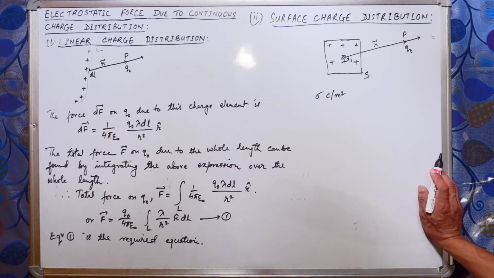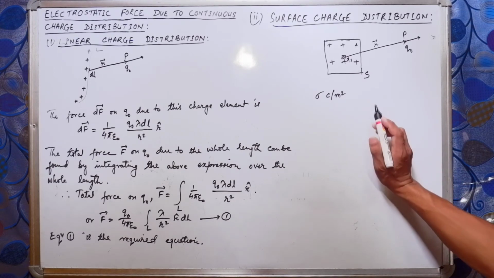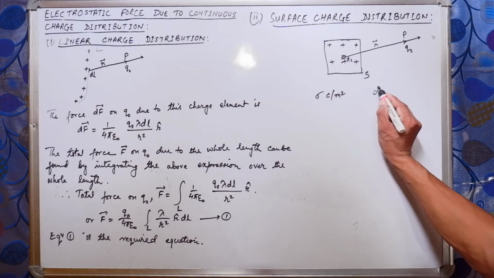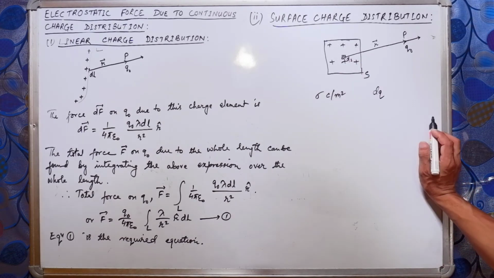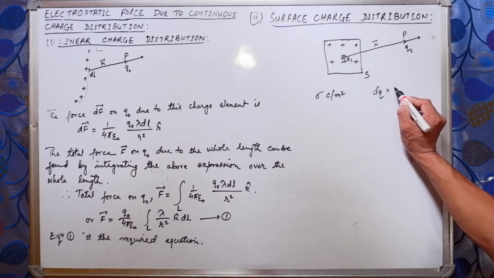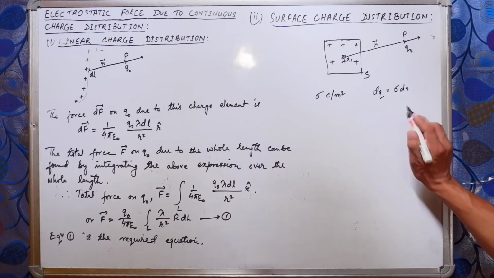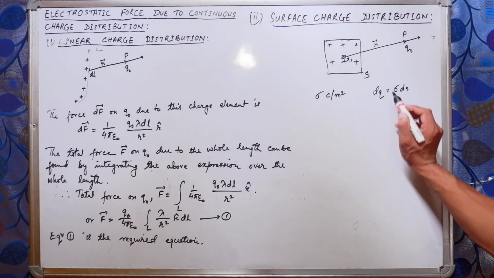Now we know that the small charge dq on this small area is given by dq equals sigma ds, charge density into the area.